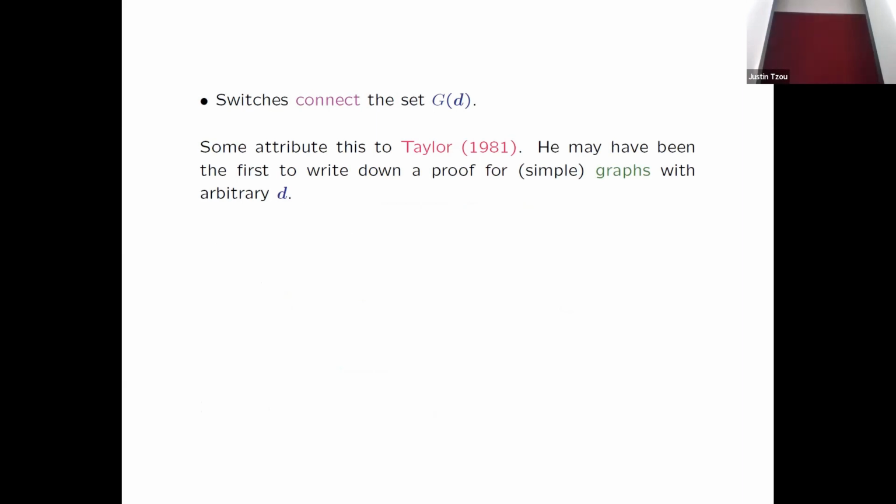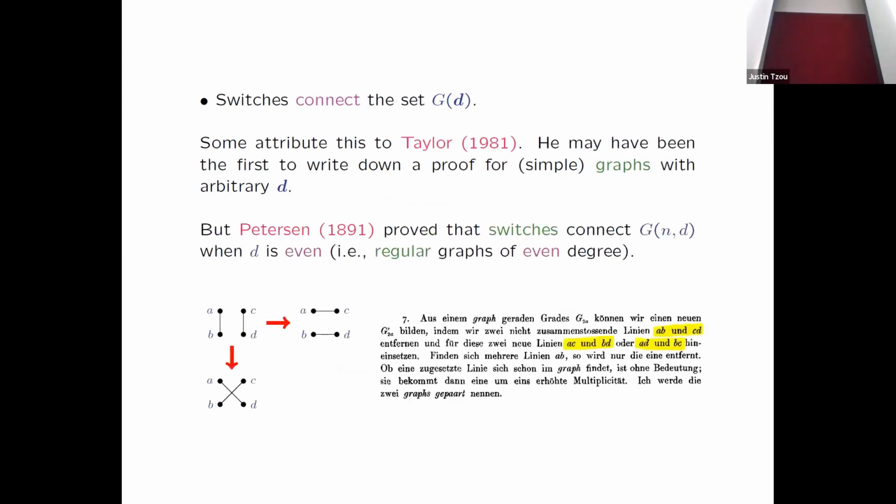Brendan said Reiser had also used switches. I think that was for multigraphs though when we looked into it. And then I remembered a co-author of mine, Peter Erdős, no relation to Paul Erdős, told me that Petersen used switches in a paper of his in 1891. And the first time I looked into this, I couldn't find it, and I didn't believe what Peter Erdős had told me. But for this talk, I looked into it harder, and it's true.